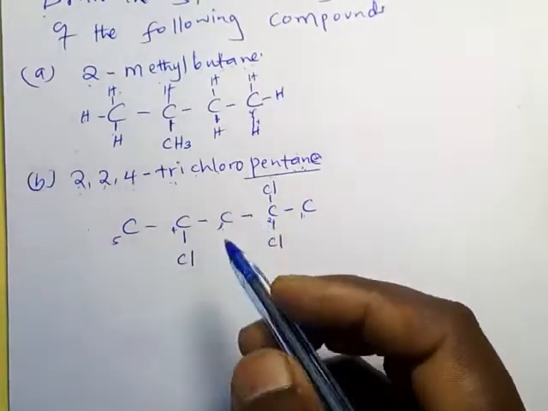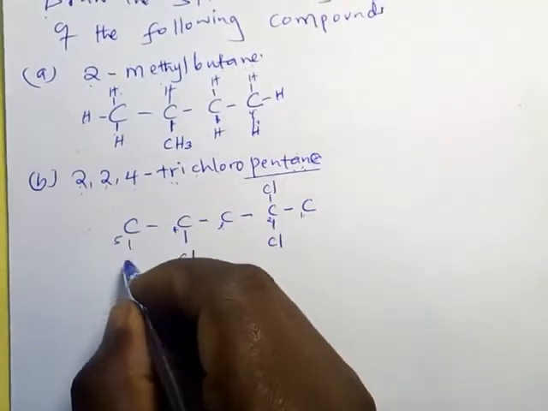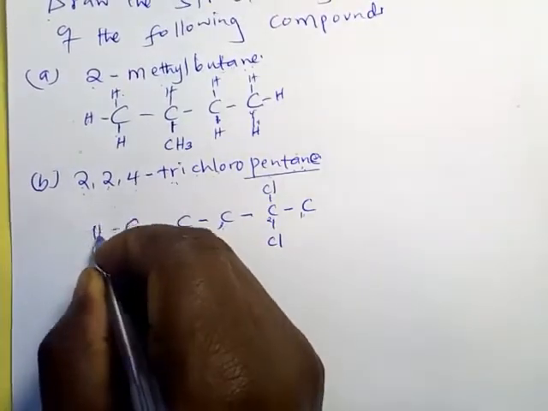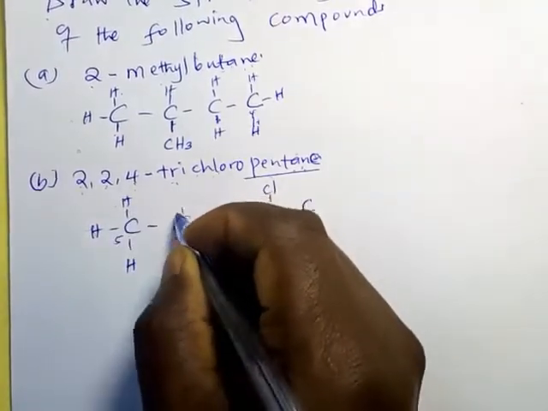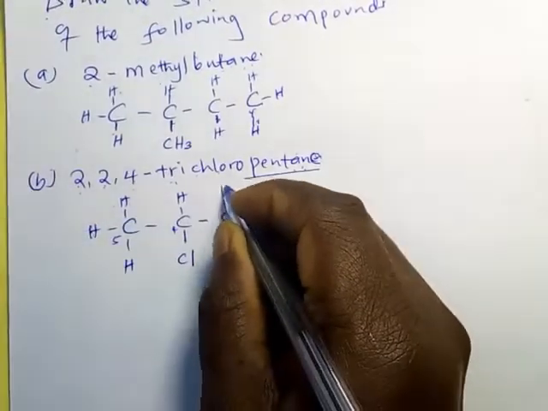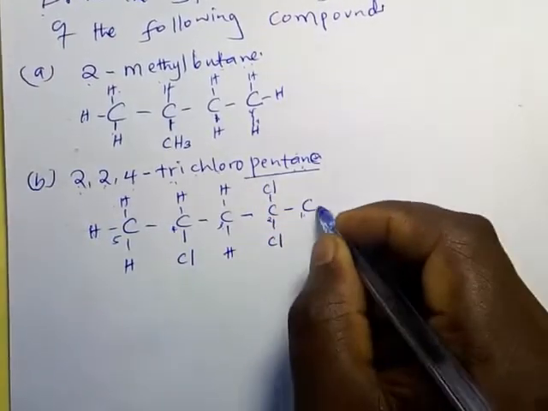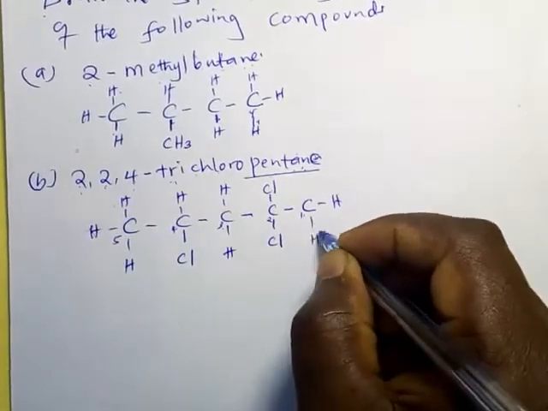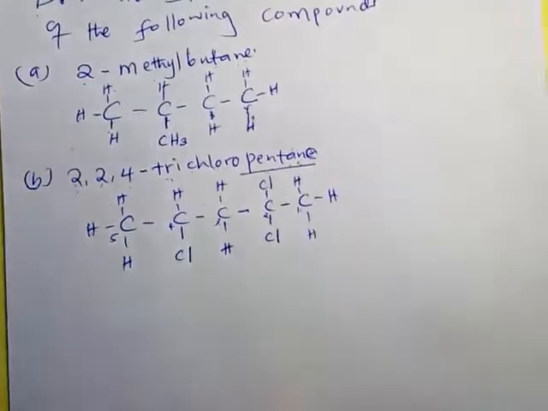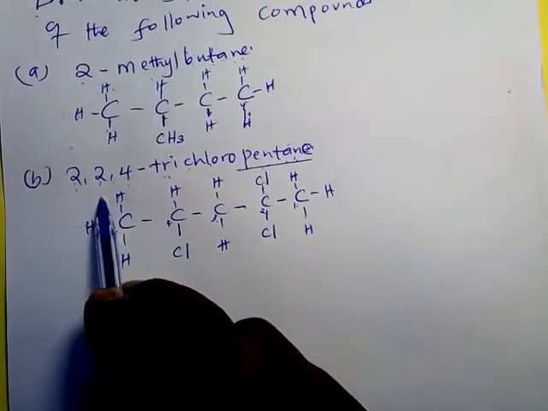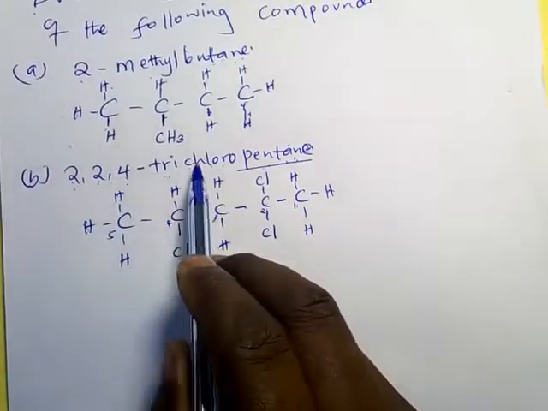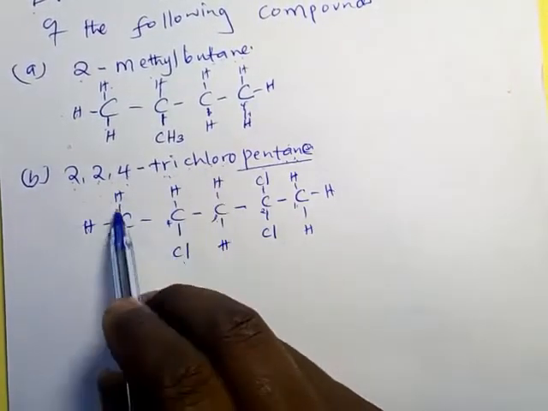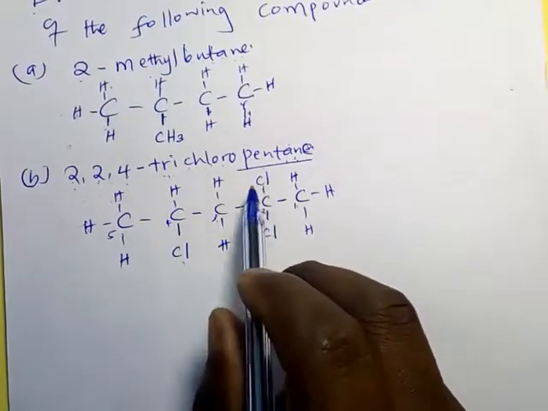So that is all. Now the rest you fill with hydrogen atoms to make it complete. And this one is 2,2,4-trichloro. Tri means that there are 3 chlorine atoms in this structure.